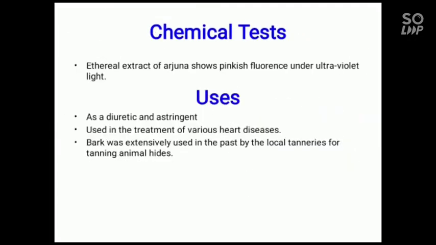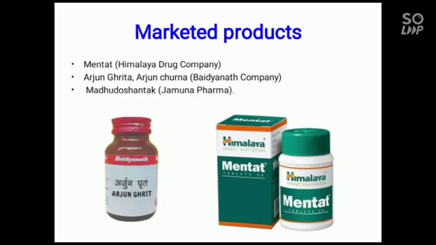Then the chemical test. Ethereal extract of Arjuna shows a pinkish fluorescence under ultraviolet light. Then the uses of Arjuna. It is used as a diuretic and astringent, and in treatment of various heart diseases. Also, the bark was extensively used in the past by local tanneries for tanning animal hides.